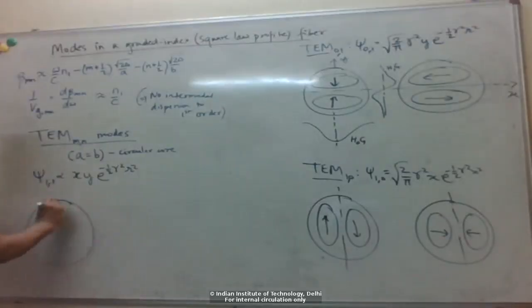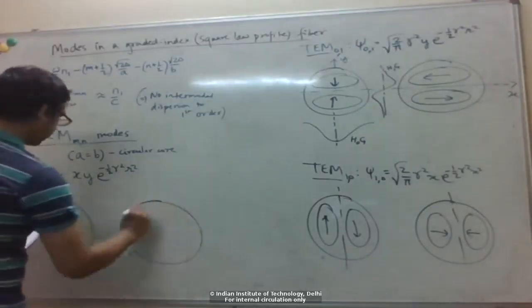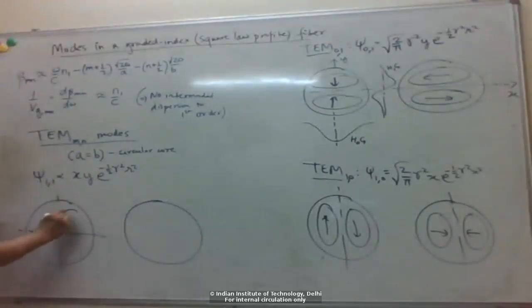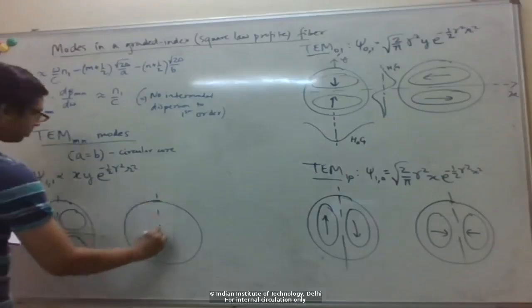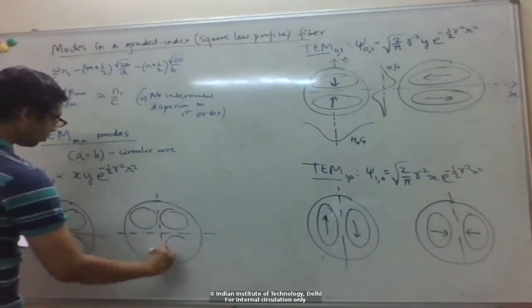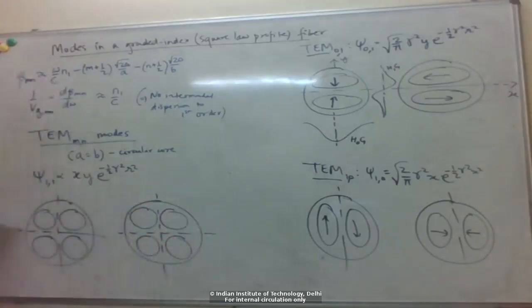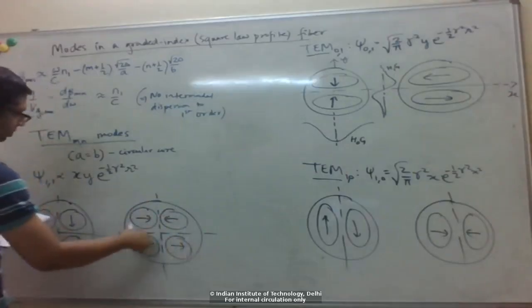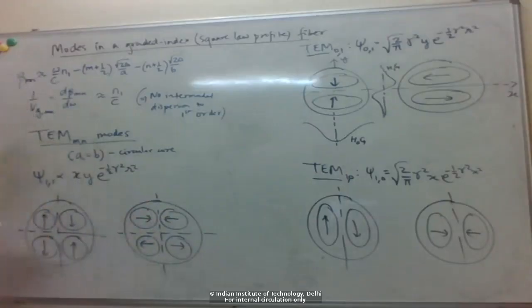So now you can see what this will look like. Now I'll have a 0 along both the x equal to 0 and y equal to 0 directions. So that means I'll have 4 lobes. Right, again, so now I could have y polarized or x polarized, and the phase flips from each lobe to the next.